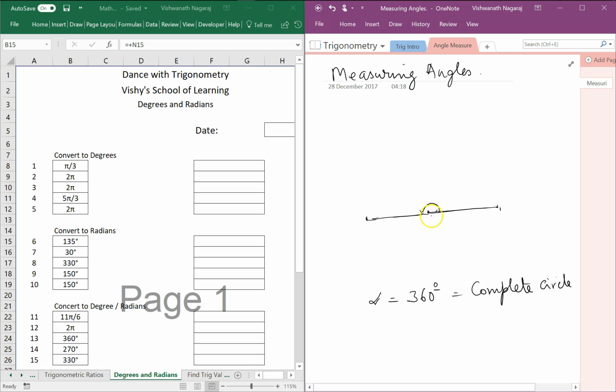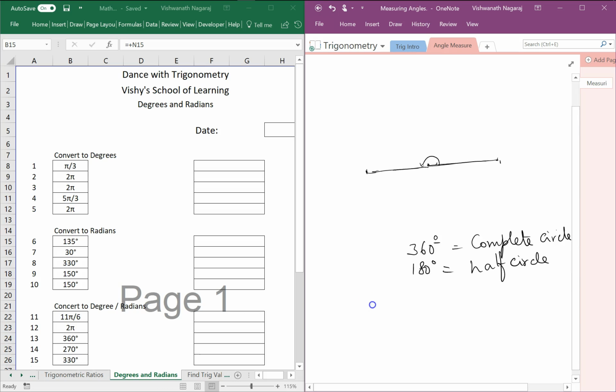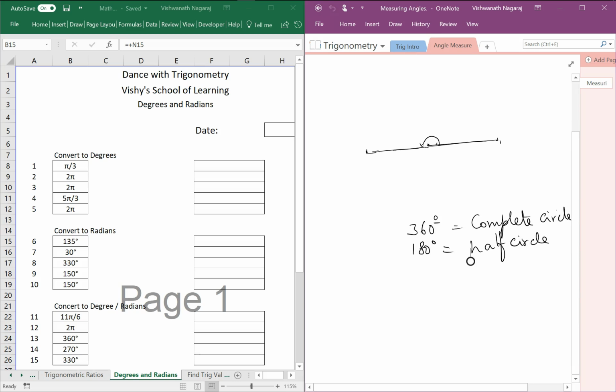Now remember, this is like a half circle. So this would be half of 360, so 180 degree, a half circle, or we can also call it a straight angle.